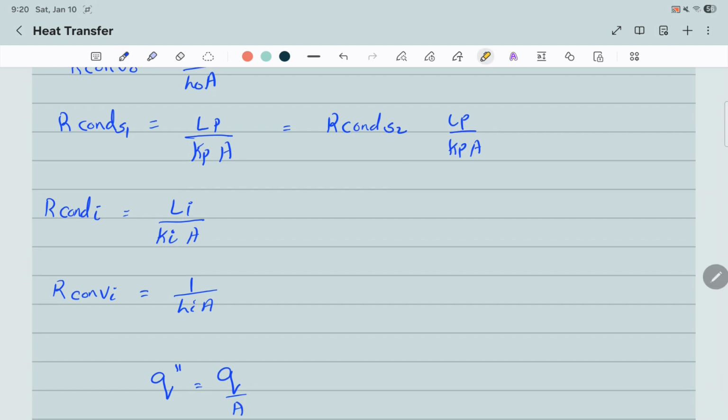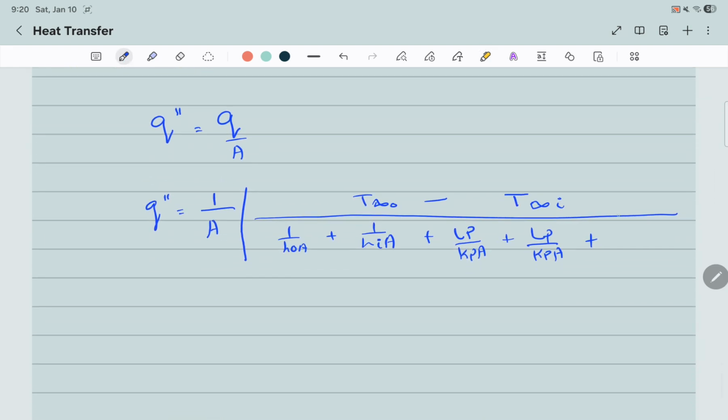The insulator resistance, which is L_i divided by k_i A_i. Okay, and that is the equation for the heat flux.